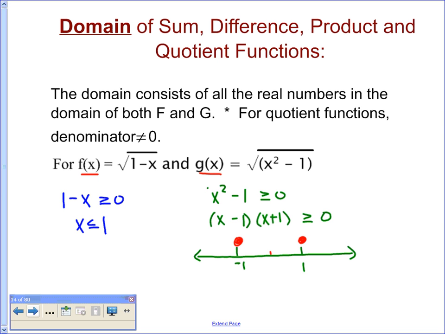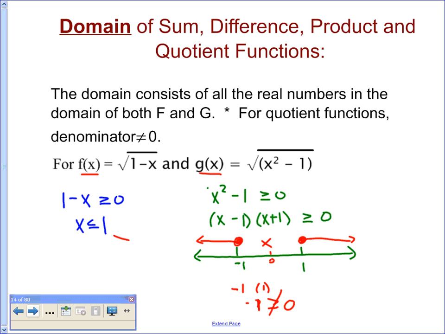If I were to choose 0 and plug in 0, I'd get a -1 in the first parenthesis and a +1 in the second parenthesis, and that's going to give me -1. And is -1 greater than or equal to 0? It is not. So this area does not work for us. Then we want to try the other areas, and if you choose something in the other areas, you notice it does work. And so we get this, and that gives you the domain of your g of x.